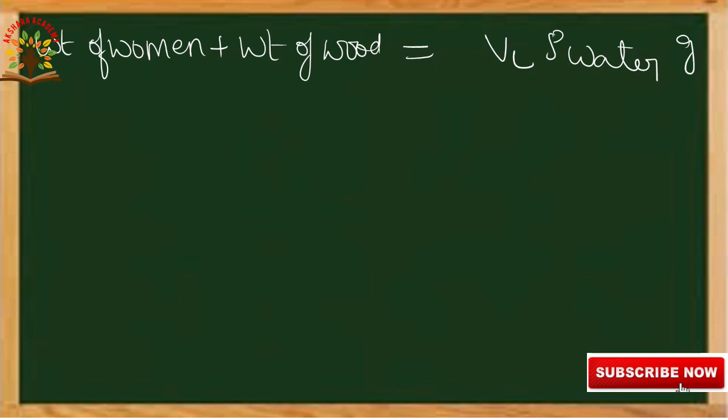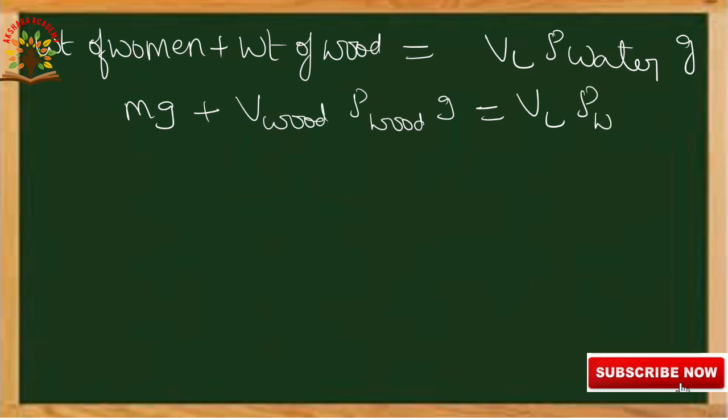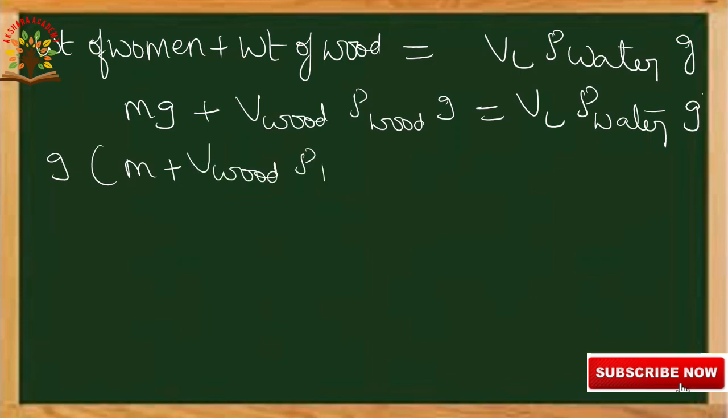So weight of woman can be written as mg plus volume of wood, rho wood into g, is equal to V_L into rho water into g. Now we are taking g common: g of m plus V wood into rho wood is equal to V_L into rho water into g.